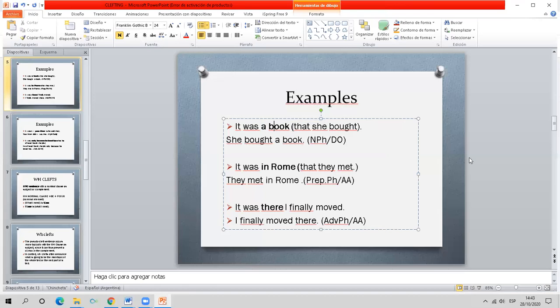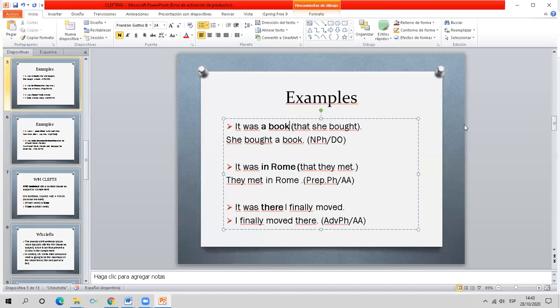But here, that is not, let's say, the case. I'm not trying to identify the book, okay? In fact, it was a book that she bought. I really don't know which book I'm talking about, and that's not important here, all right?